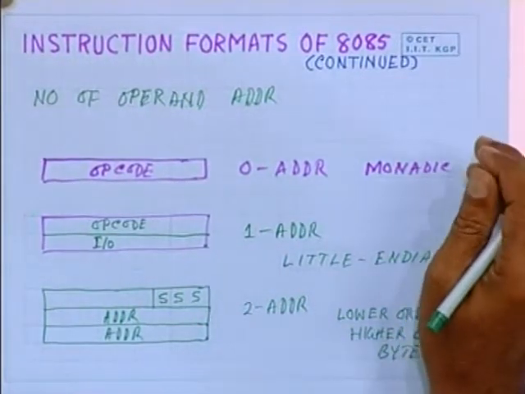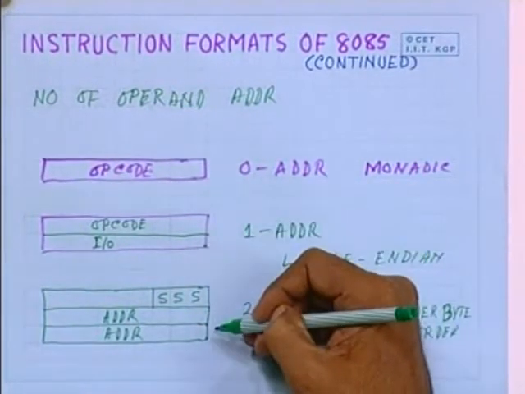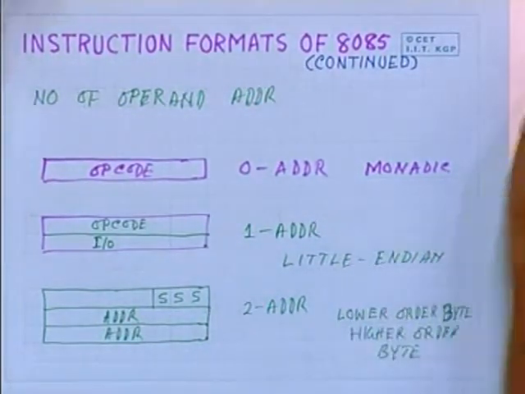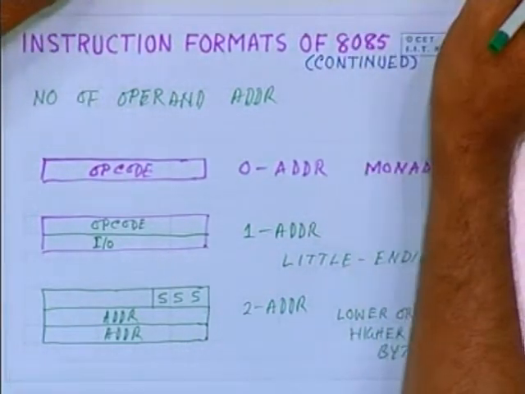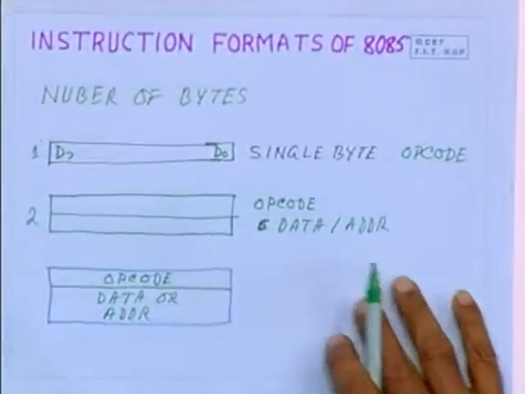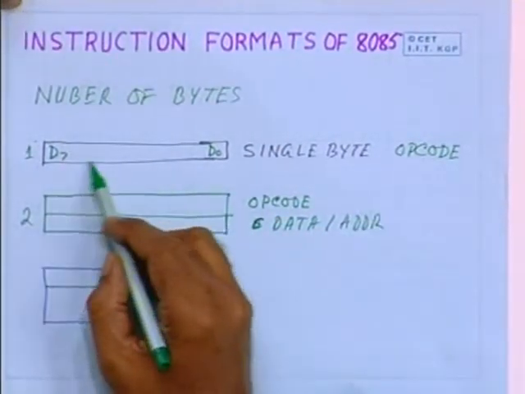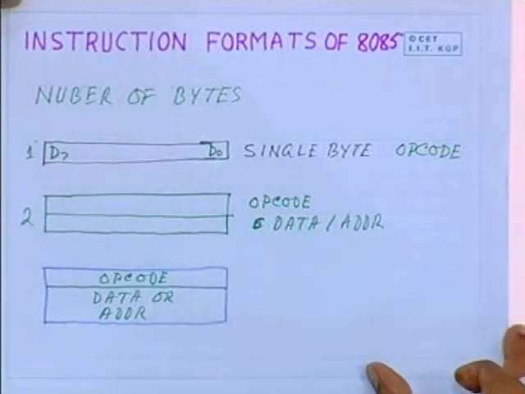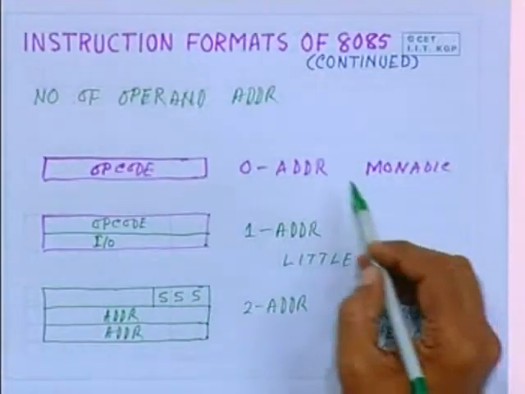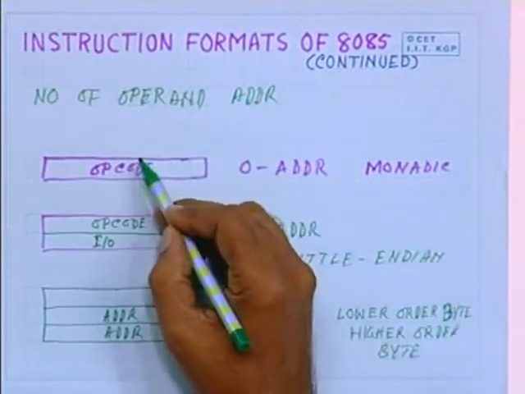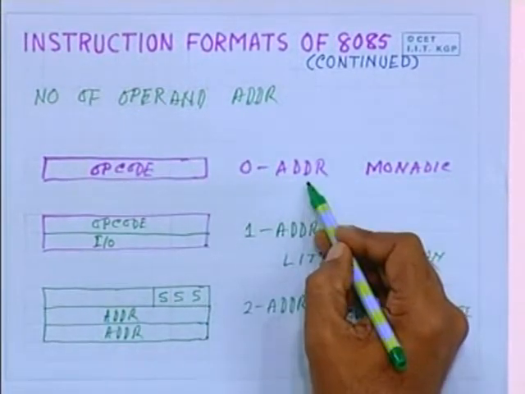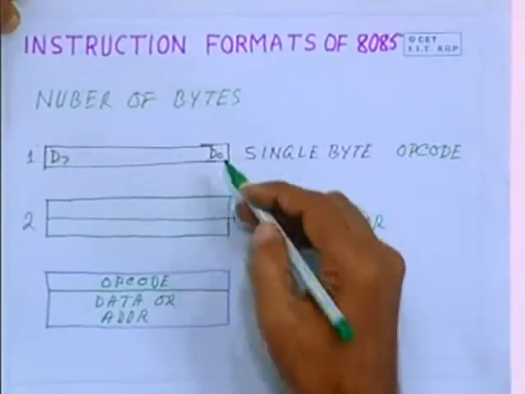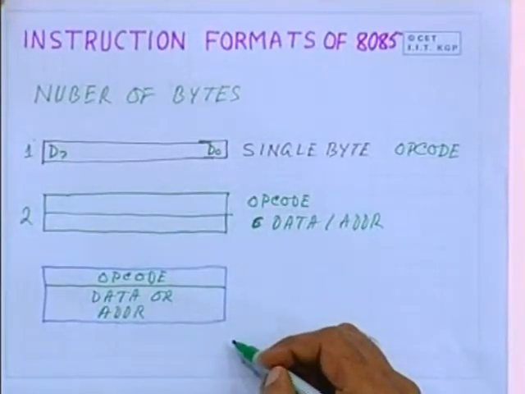So these are the different formats that are being used in 8085. We have already specified that an instruction can be of 1 byte, 2 byte, or 3 byte. What is the correspondence between the number of operands specified, 0 address, 1 address, 2 address, and the number of bytes that can be used?